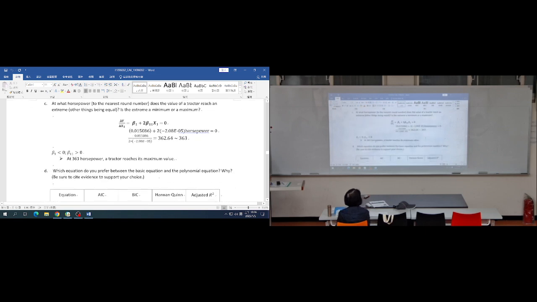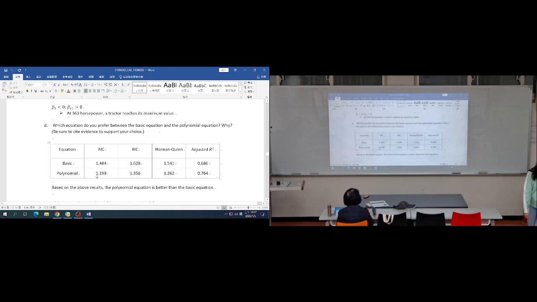I also computed this the same way as the others, and we came up with 363. So at 363 horsepower, a tractor reaches its maximum value. Graphically, it would be an inverted U shape.